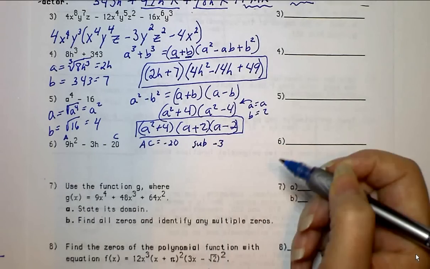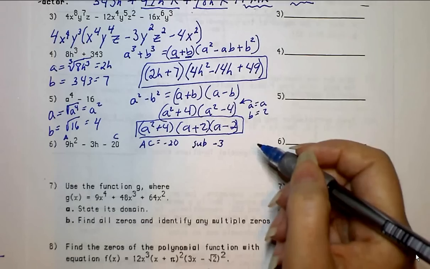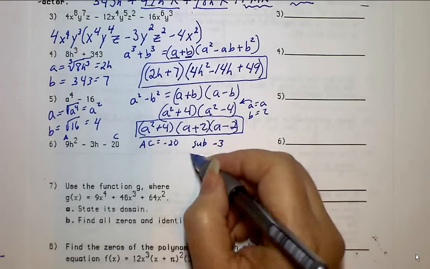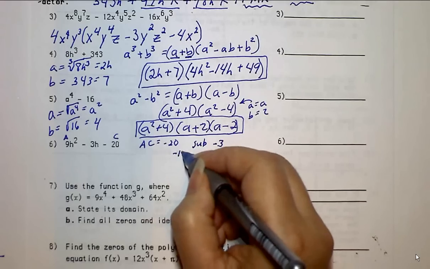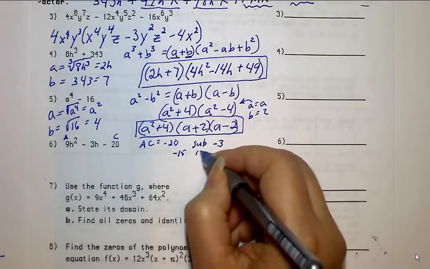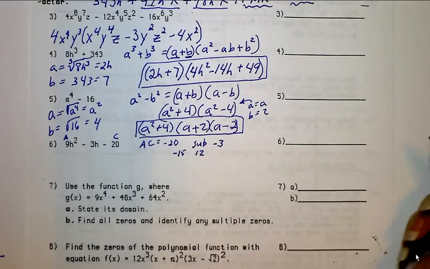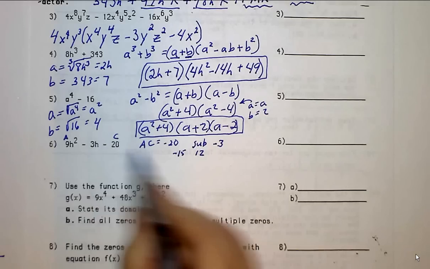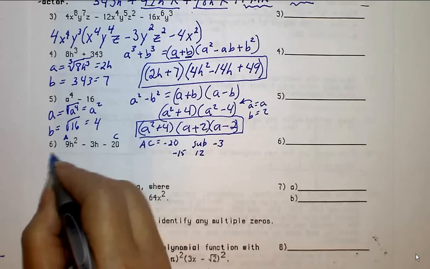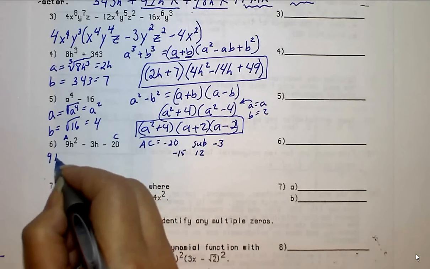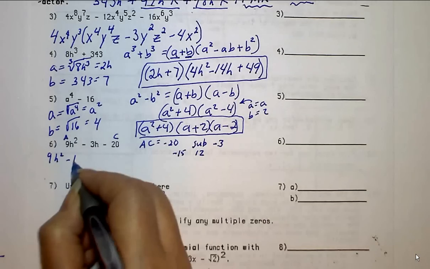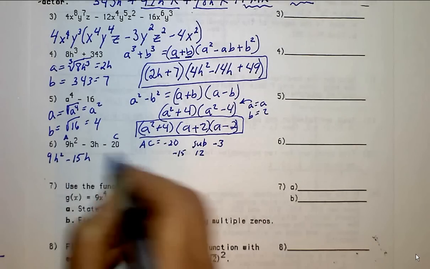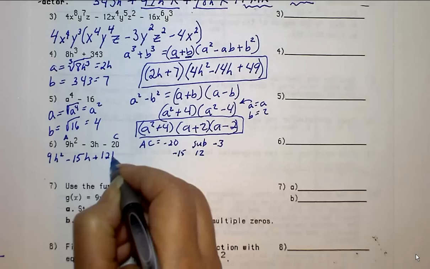And my numbers are negative 15 and 12. So I'm going to rewrite this with my negative 15 and 12. I have 9h squared minus 15h plus 12h minus 20.